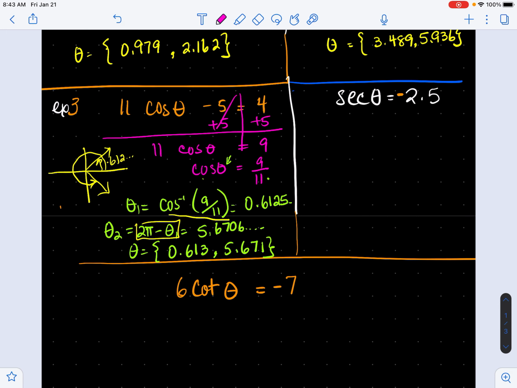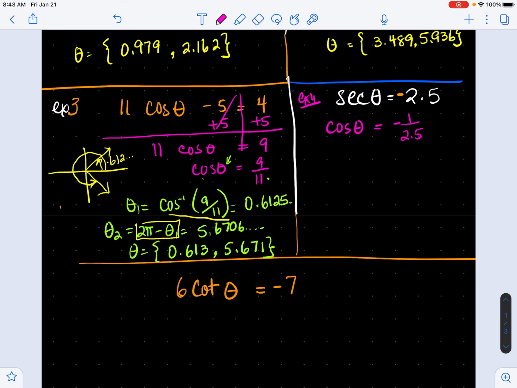Moving on to the one on the right, example 4, secant theta equals a negative value. Well, first of all, we all know secant is not on the calculator. So let's write its reciprocal, which is cosine theta. Well, if I reciprocal one side, I've got to reciprocal the other one as well. And I reciprocaled it.